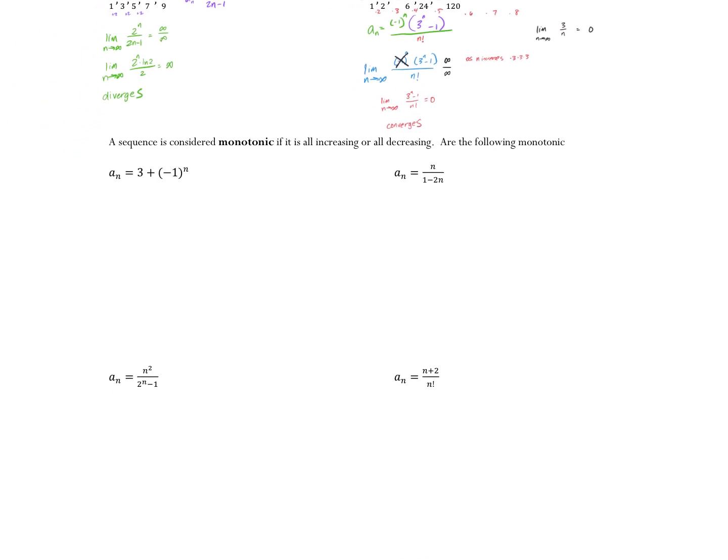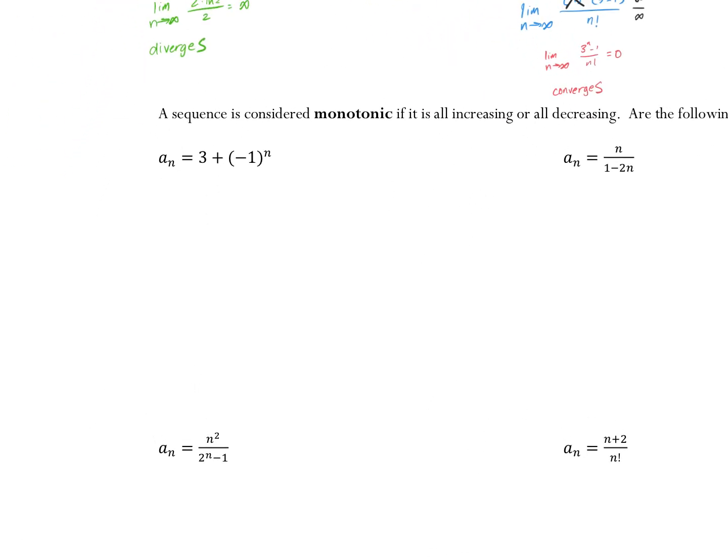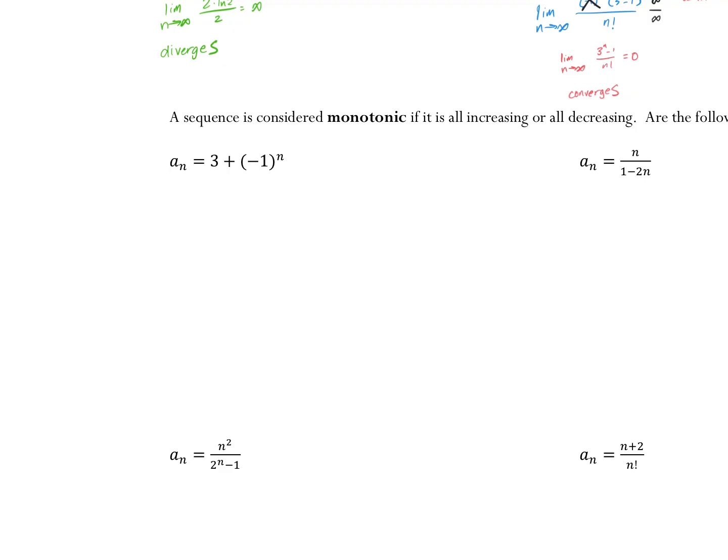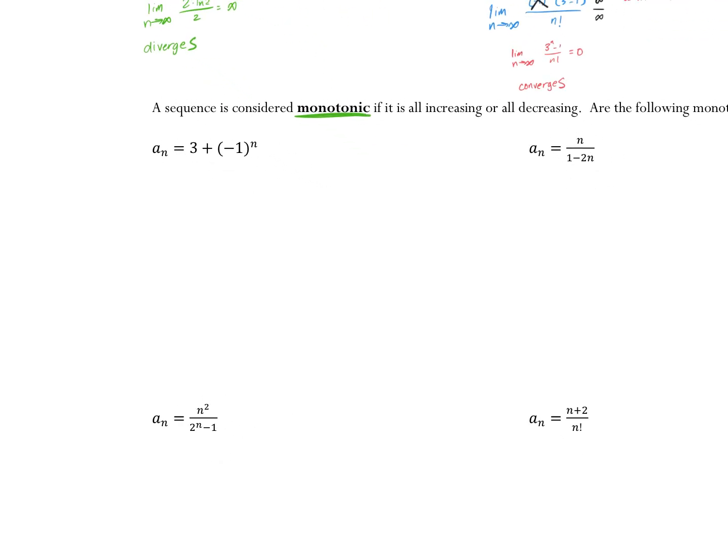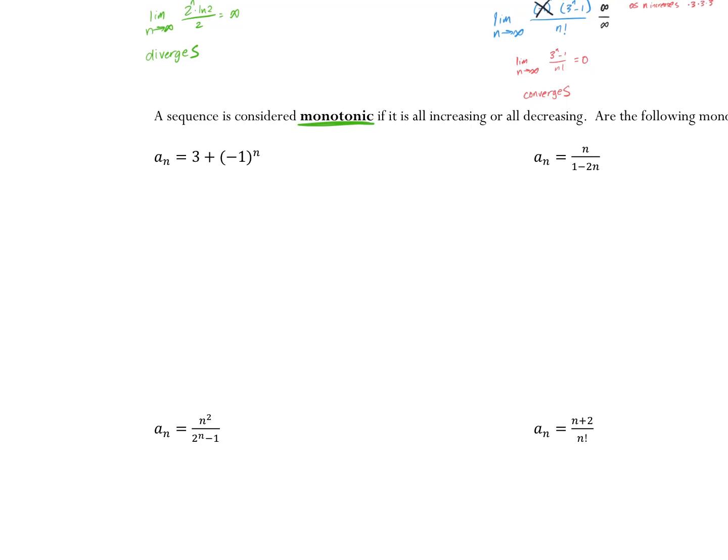The last thing for sequences is what we call monotonic, or is a sequence monotonic, which interestingly is monotony, but okay. A sequence is monotonic if it is all increasing or all decreasing.